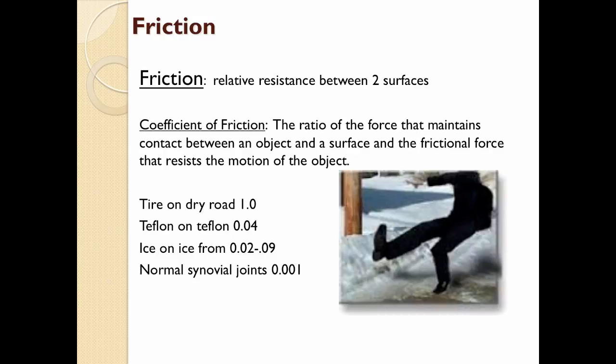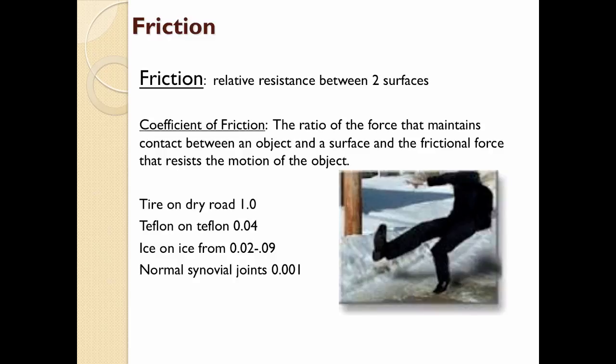Now let's talk about friction. So friction is a relative resistance between two surfaces. Friction is an important component to our body, not only how we move, but how our joints move as well. We have to have friction, or we could not move and walk across the room.